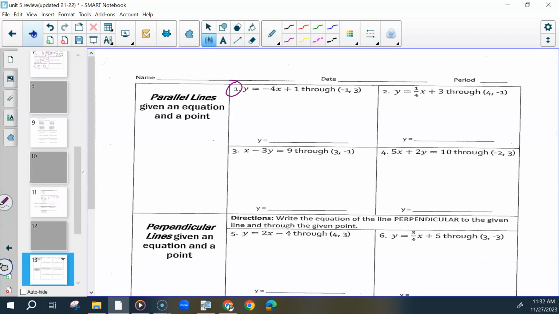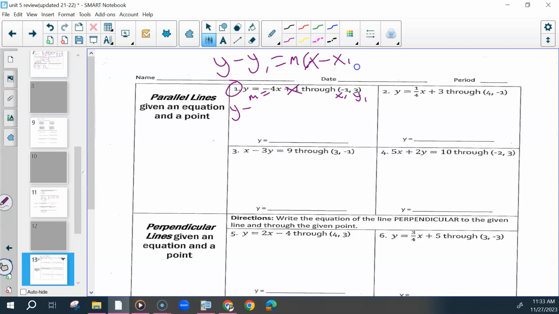Start with that one. For this, because it is parallel, we need our new equation to be parallel. We're using our point-slope form, which I'll write once more. We have an equation. You can cross out the y-intercept, you don't need it. If it is parallel, the slope is going to be the same, -4. You have your x1 and y1, and you're going to put all of those values into your equation.